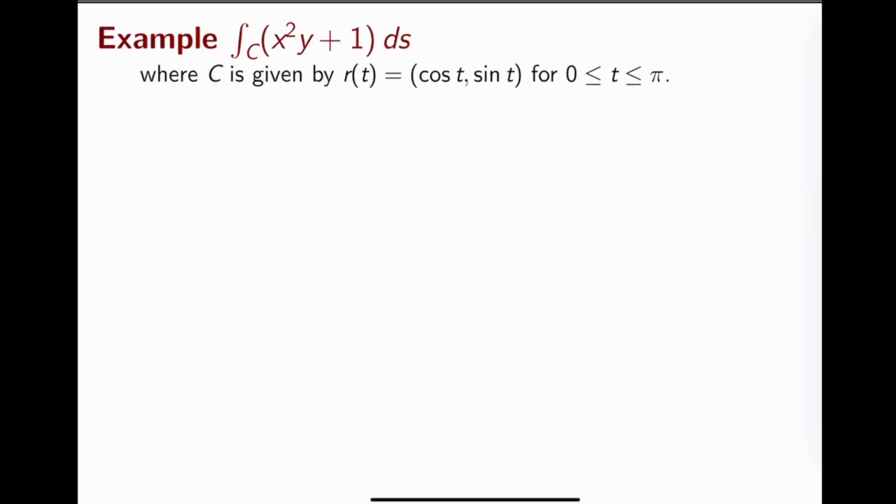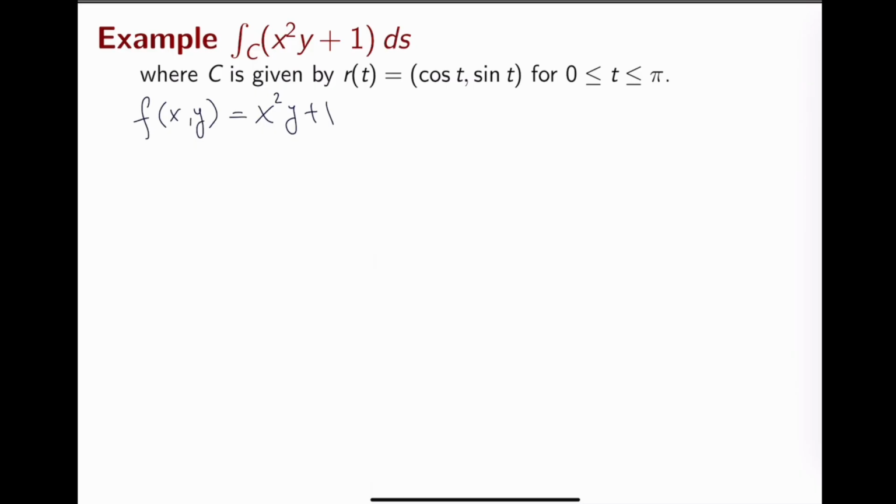For example, let's calculate the line integral of this function over this curve. In this case, the function that we are integrating is a function from R2 to R, such that to each value of (x, y) assigns x squared y plus 1, right? So this is what this function f is.